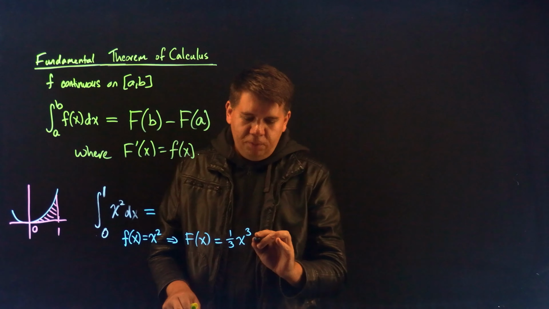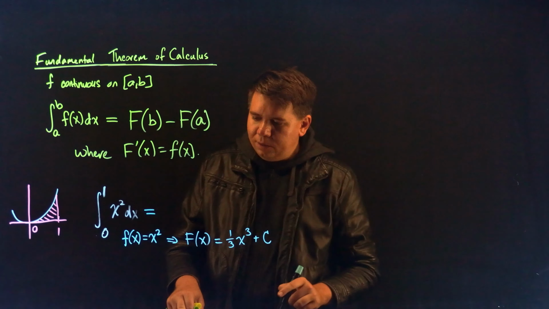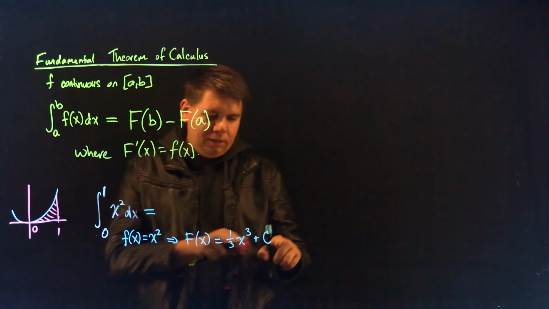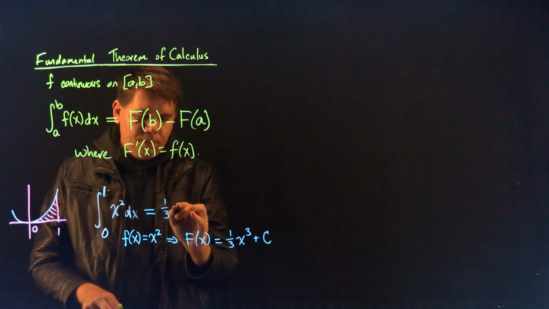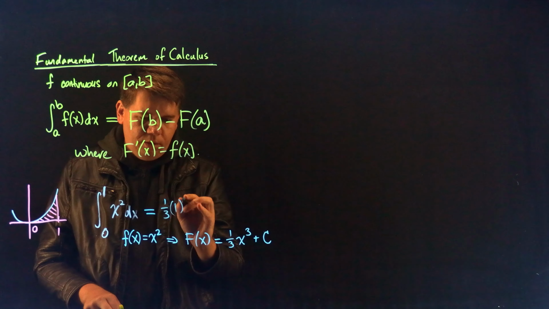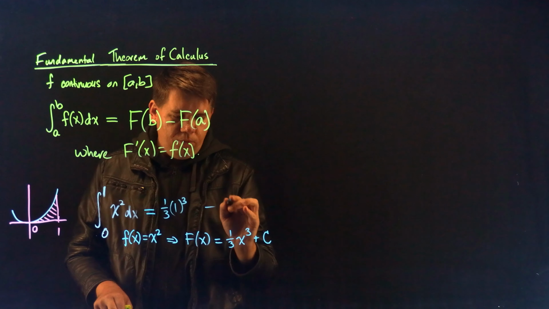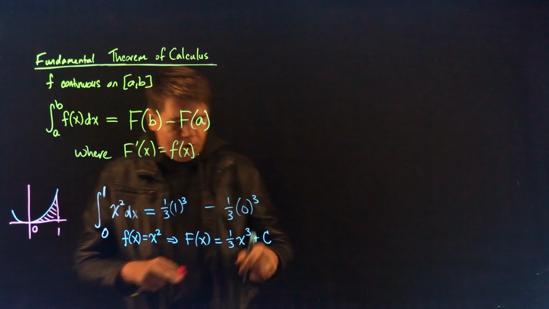Now, typically, you would put a plus c to indicate there could be any constant you want. But since we're going to be plugging in 0 and 1 and subtracting, doing 1/3 of 1 cubed minus 1/3 of 0 cubed, you don't even need that plus c.